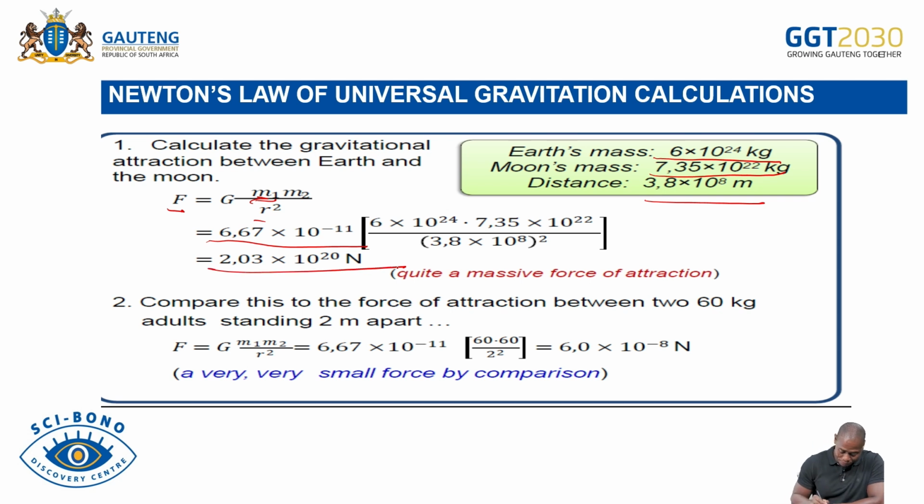So what we got here is 2.03 times 10 to the power 20 newtons. This is the force exerted by the Earth on the Moon. This is the magnitude. If they are looking for the direction, the law says each body in the universe attracts every other body.